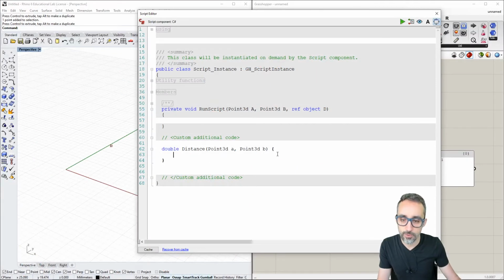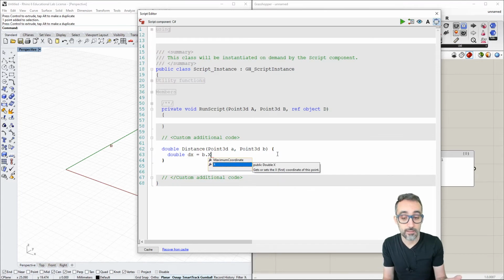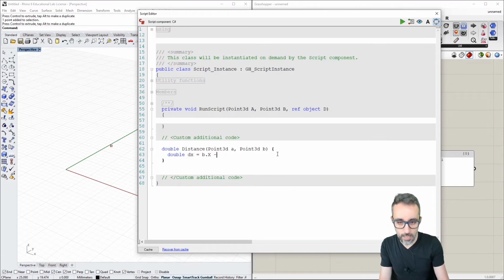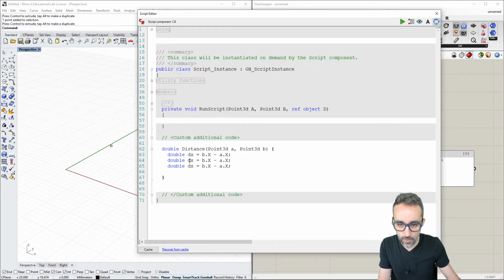I'm going to create a variable called dx, and this is going to be equal to b dot x, so the x coordinate of the b point, minus a dot x, and I'm going to mimic this for y and for z.